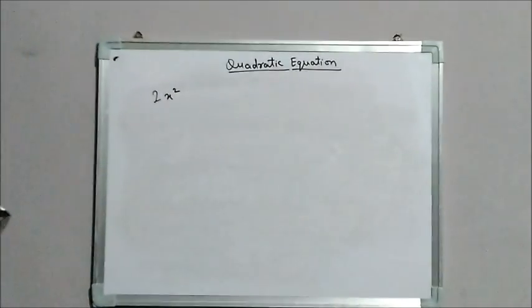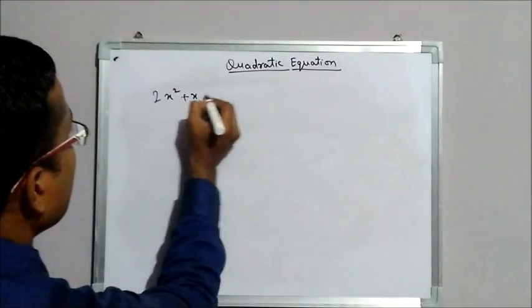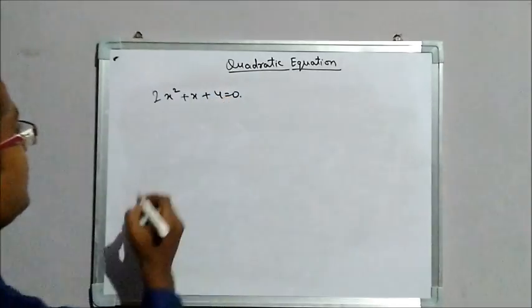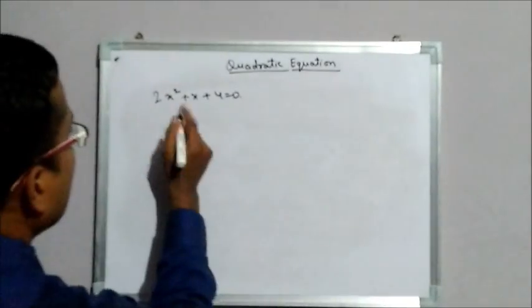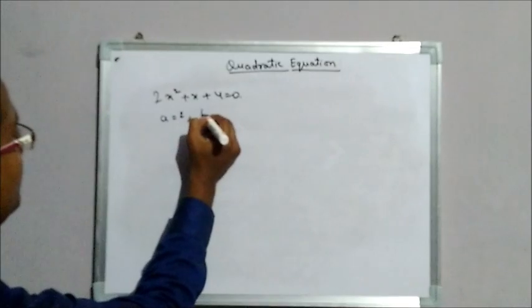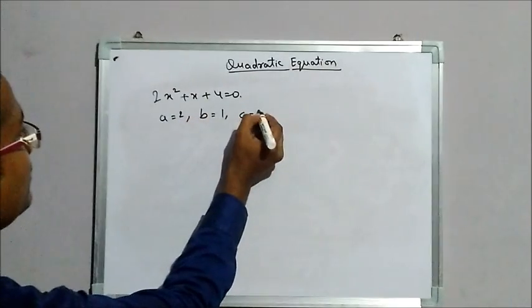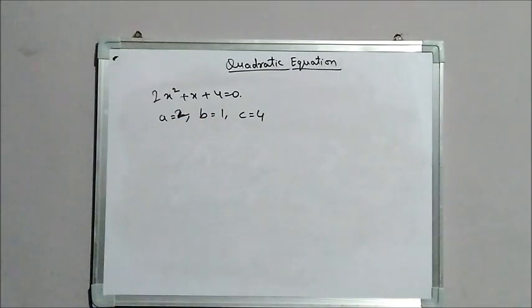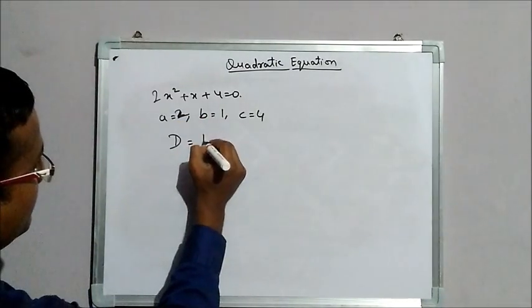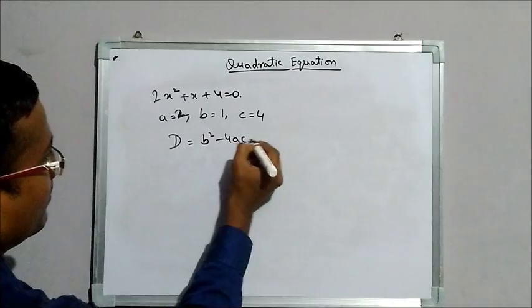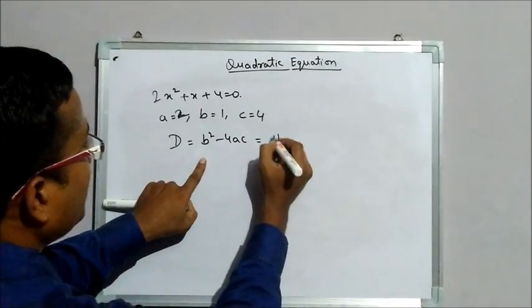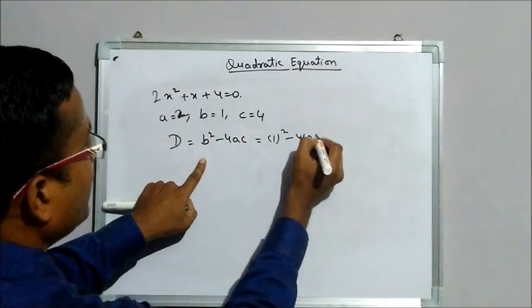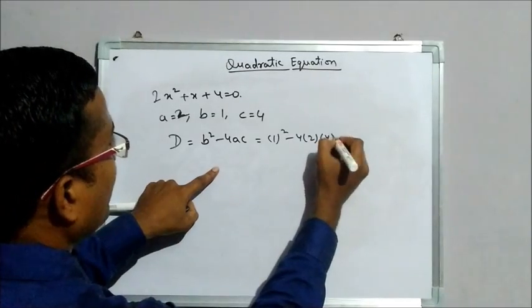Next, 2x square plus x plus 4 equals 0. Here a equals 2, b equals 1, c equals 4. So the discriminant D is b square minus 4ac. b is 1, minus 4 times a which is 2, times c which is 4.